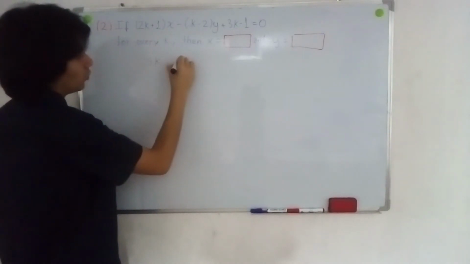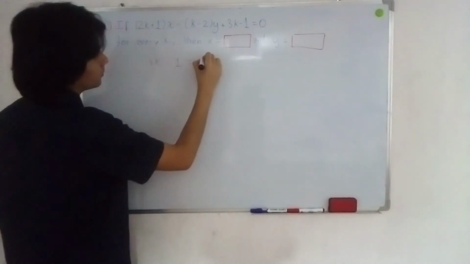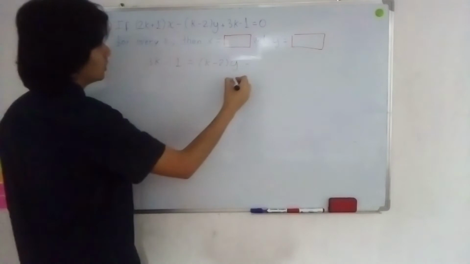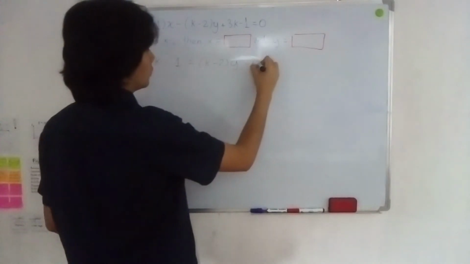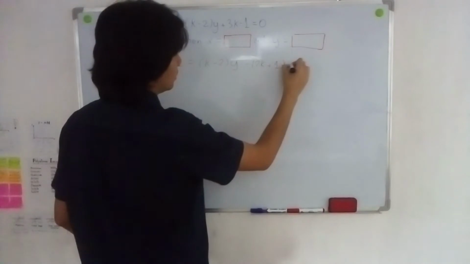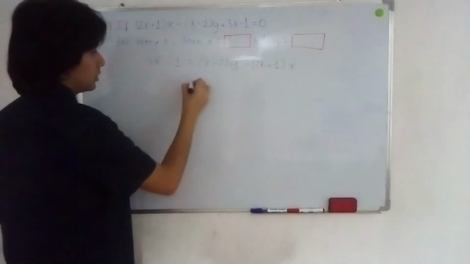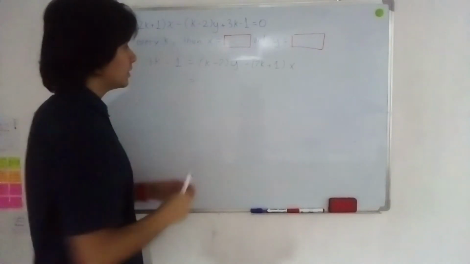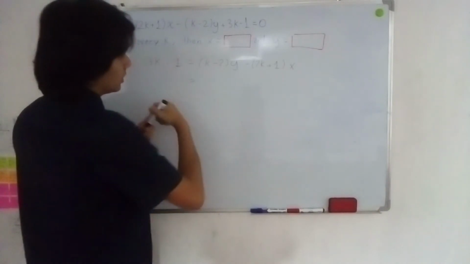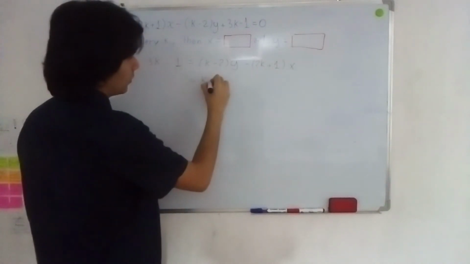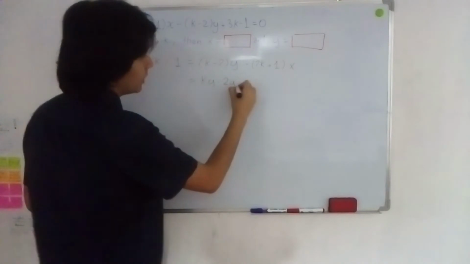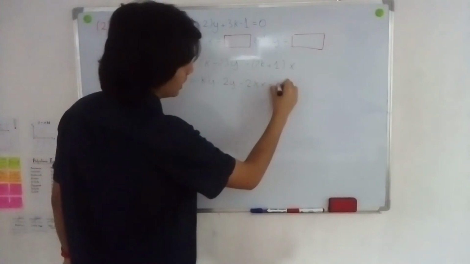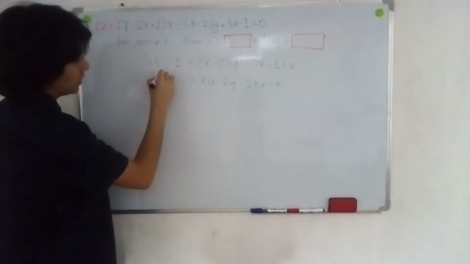So 3k minus 1 is equal to (k minus 2)y minus (2k plus 1)x. We multiply these terms: ky minus 2y minus 2kx minus x, and that is 3k minus 1.